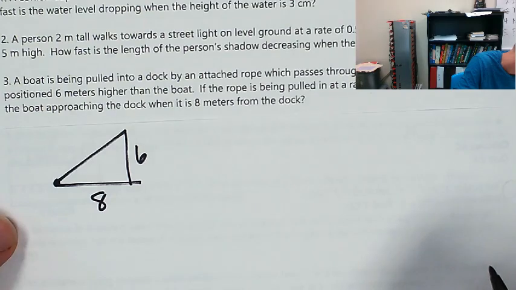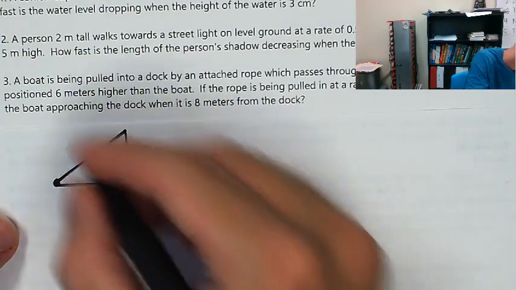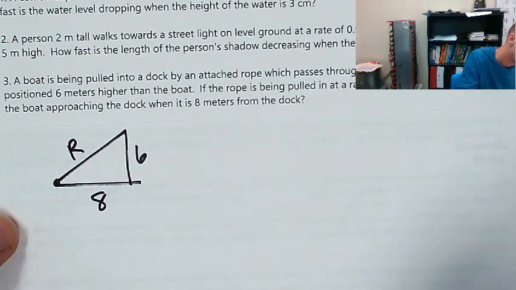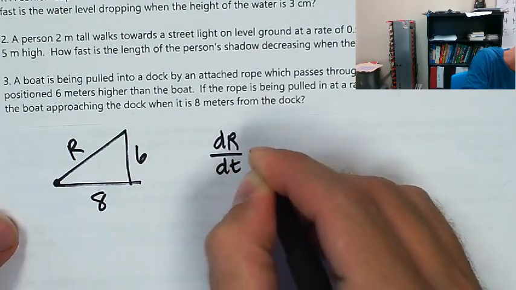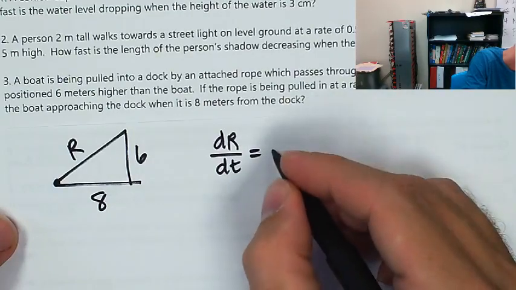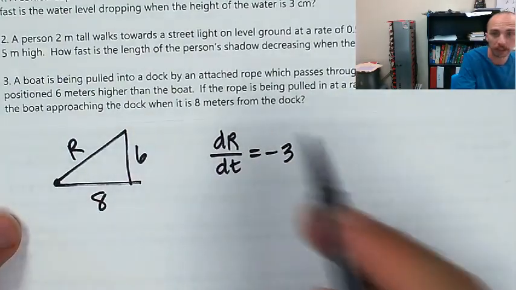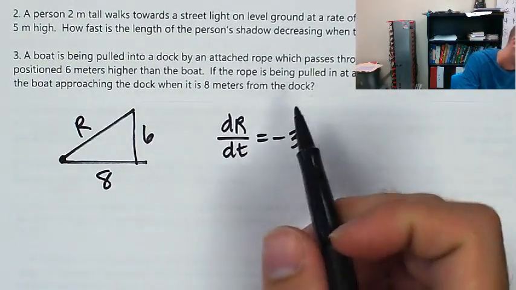Okay, if the rope is being pulled in, so I guess this is R, dr/dt is -3 because there's 3 less units of rope.